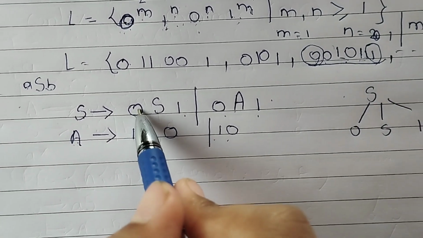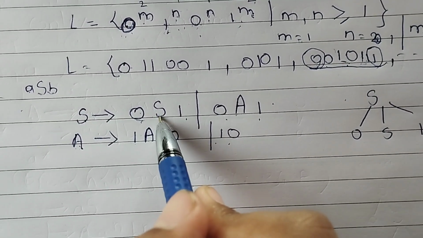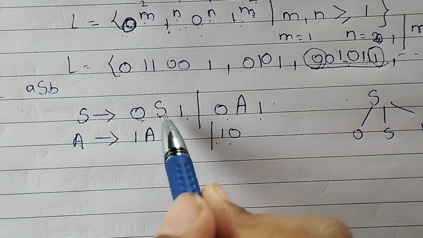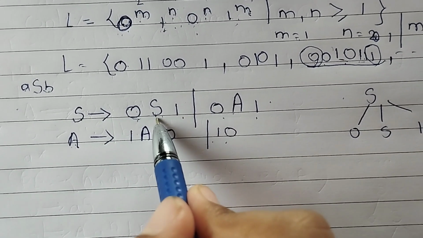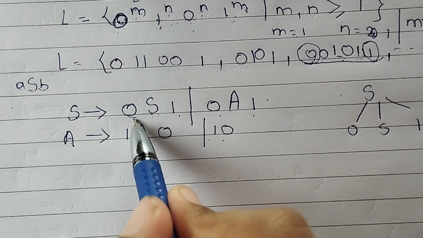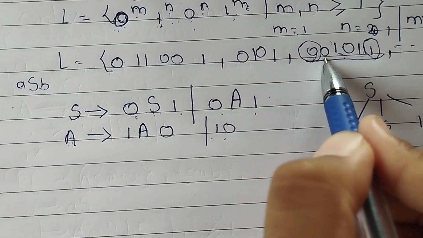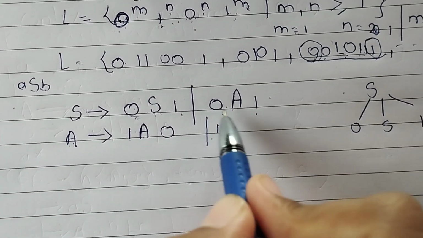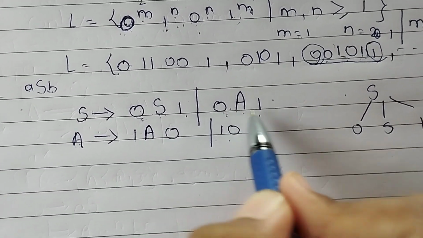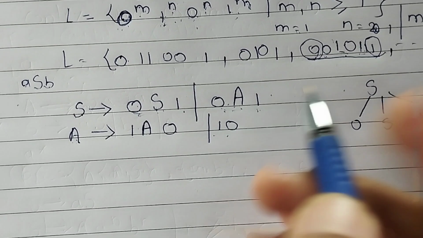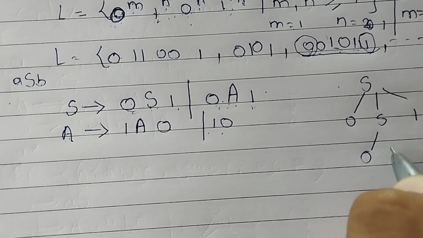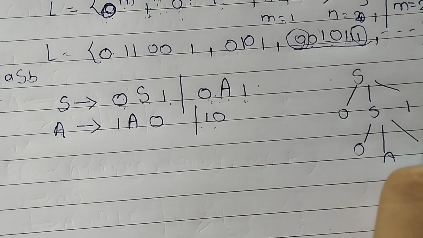If I choose this 0 S 1, then again I want to read this S, and when I read this S, that time again 1 0 I can write, and I want only 2 zeros. So the second time I choose 0 A 1.